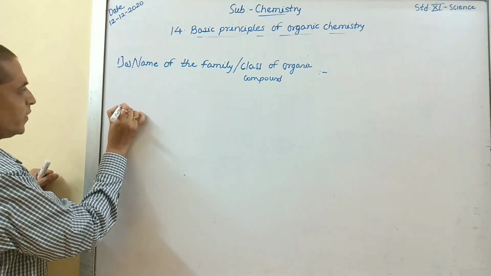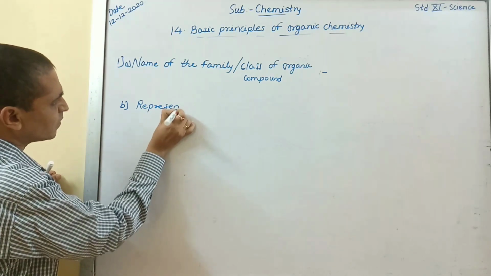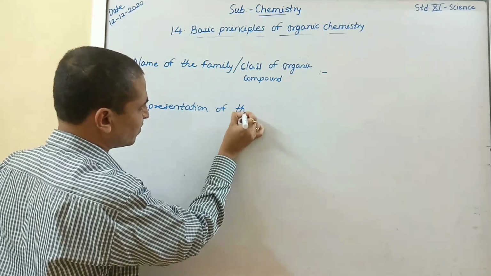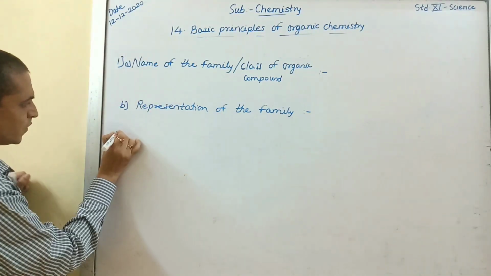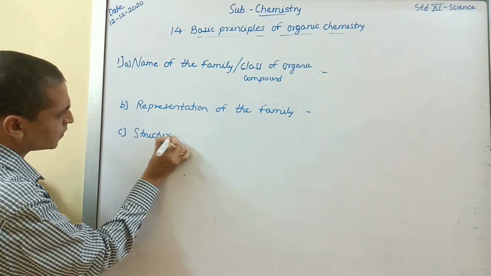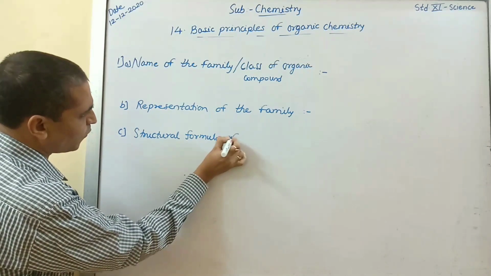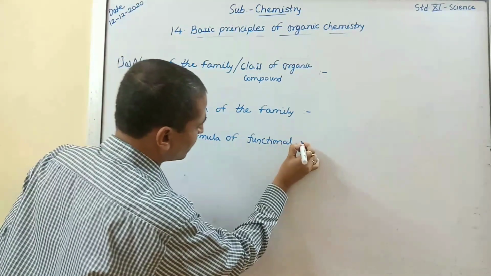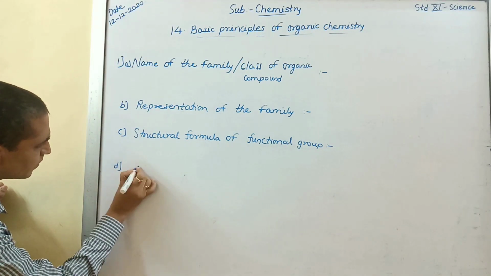Second, representation of the family. Third point, that is very important, is the structural formula of functional group. And the last one is example.